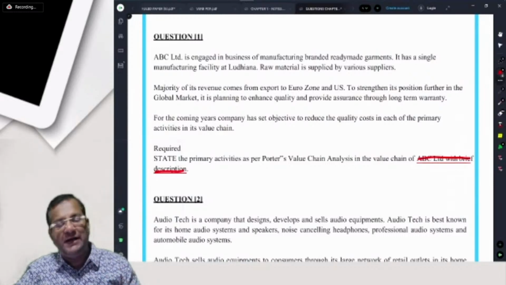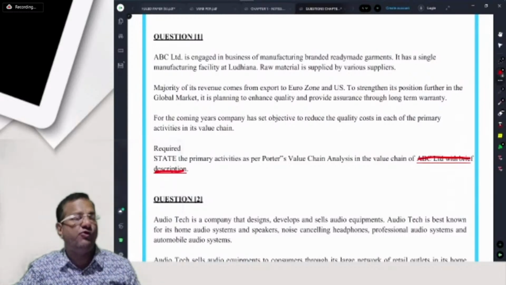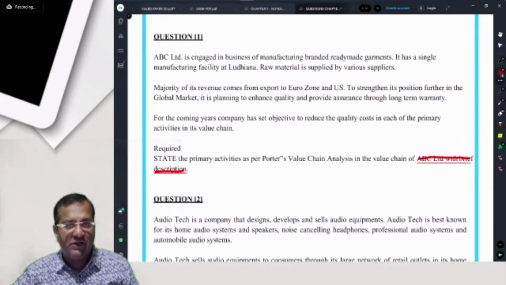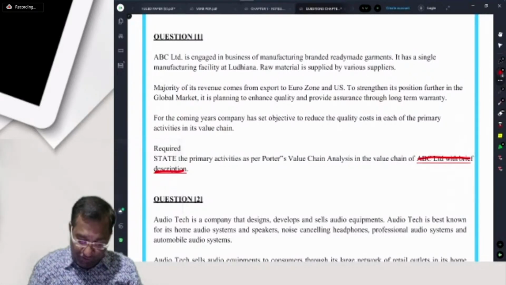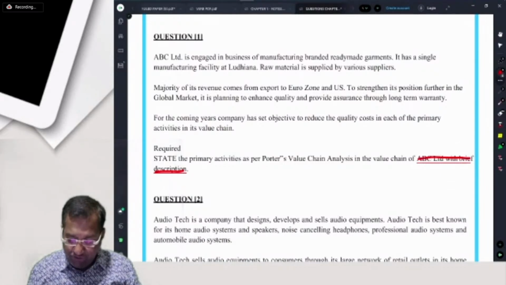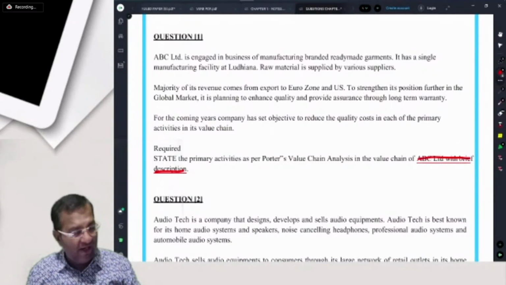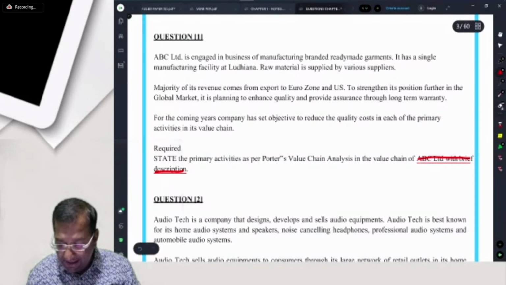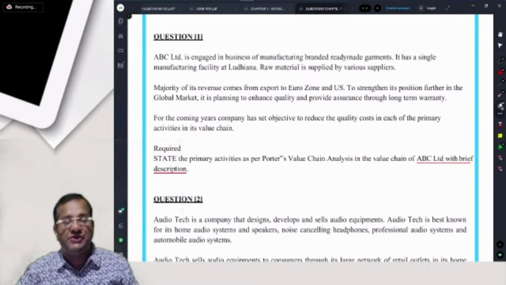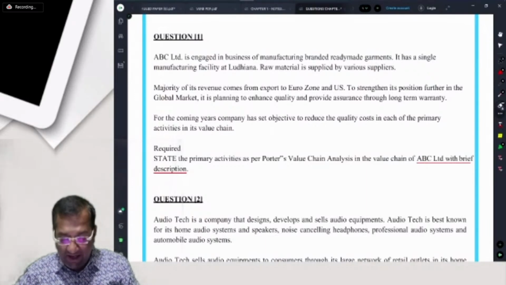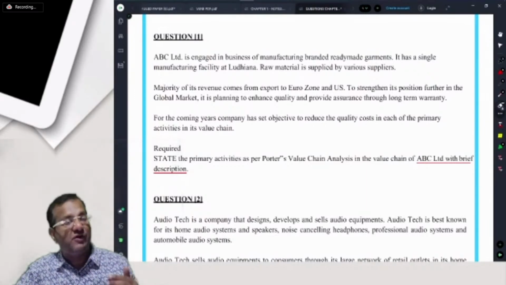Just you have to write down the primary activities of value chain analysis, nothing more than expected from this question. But "state the primary activities as per Porter's value chain in the value chain", after that the language that is given makes this question an application based question of ABC Limited with brief description.